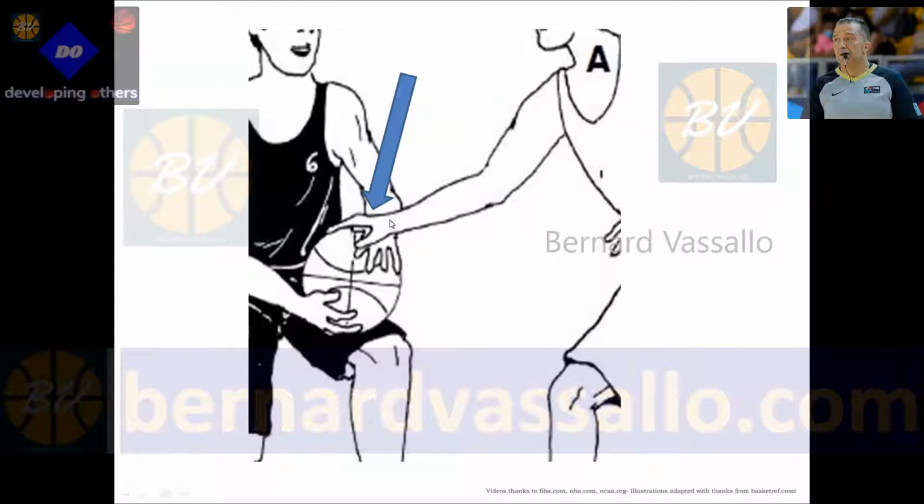if the white player trying to steal the ball, trying to tap the ball away from black 6 who holds the ball, and whilst trying to tap the ball, he accidentally hits the hand of black 6 holding the ball, in basketball this type of contact is not to be called a foul, because the hand holding the ball is deemed as part of the ball.